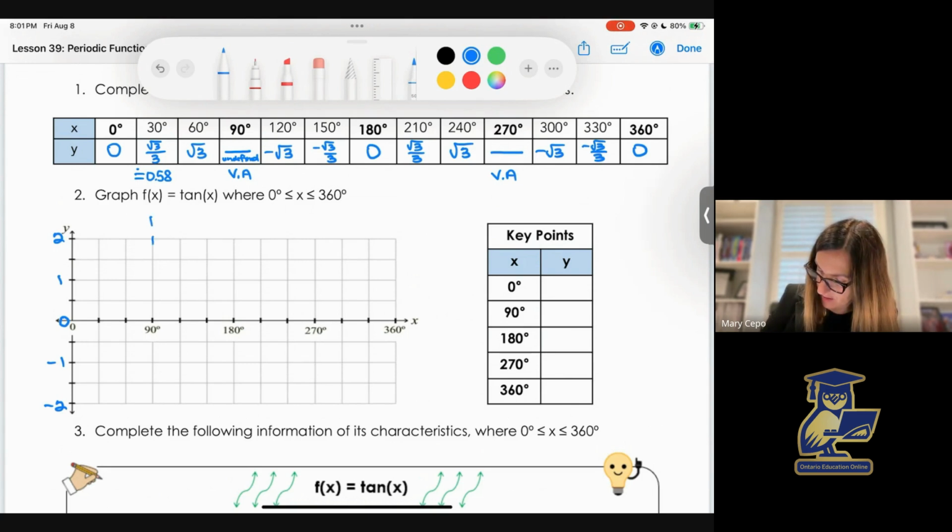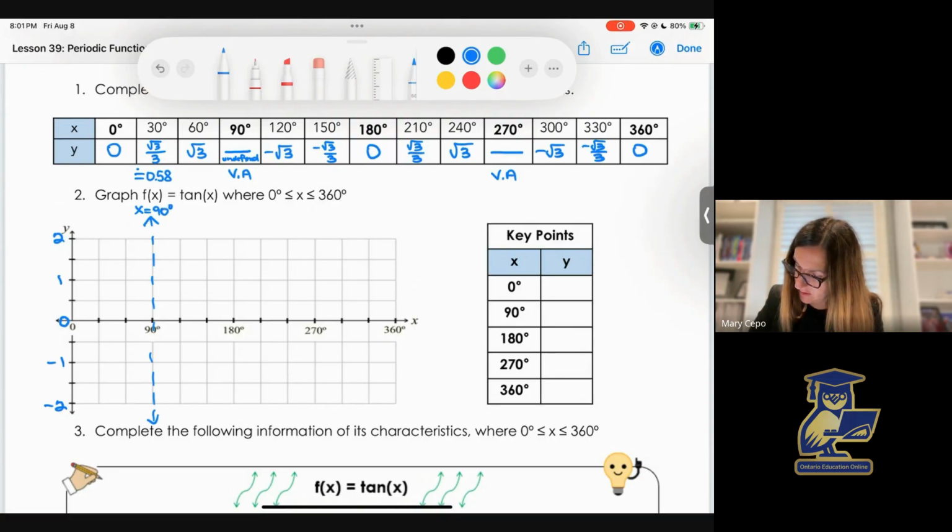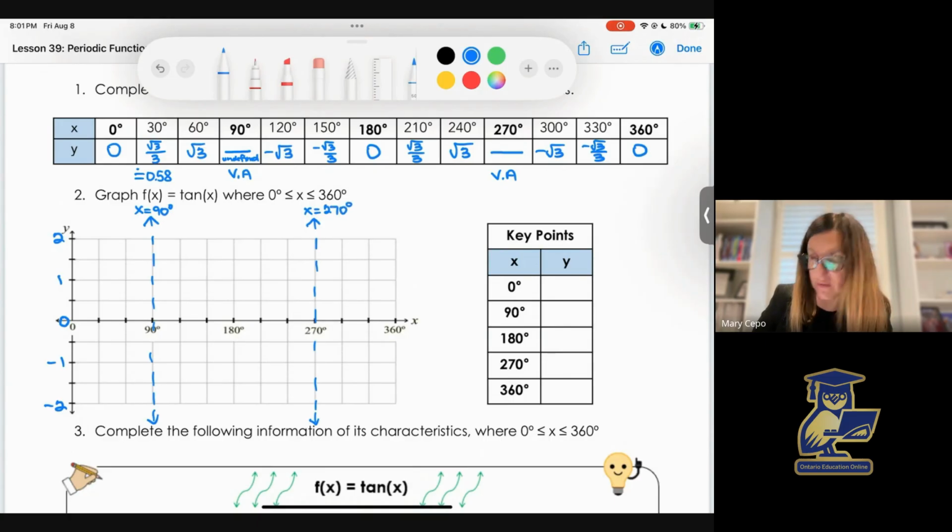That's kind of our guideline with any graph, even with the reciprocal function. So we know that was at x equals 90 degrees, and then we also have it at 270. It's already very different, because the cosine function and the sine function did not have any vertical asymptotes.